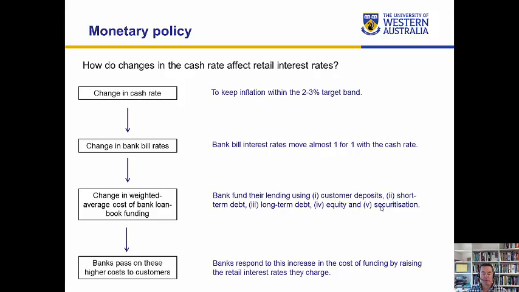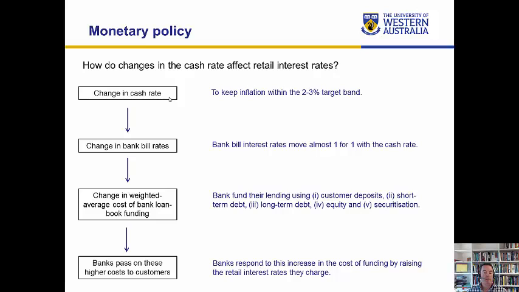So the issue is this: if the cash rate changes, for the bank to be able to pass on, let's consider a cut in the cash rate now. Let's consider a 0.5% cut.